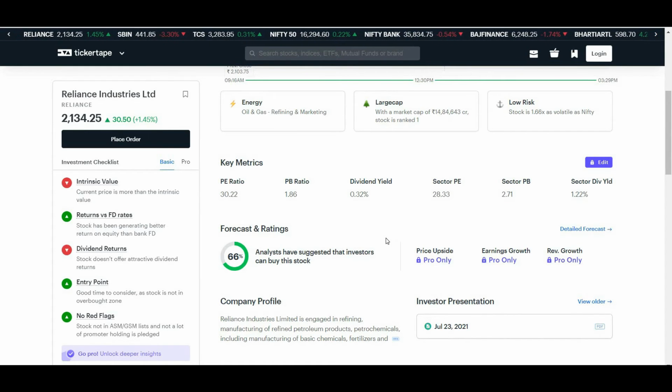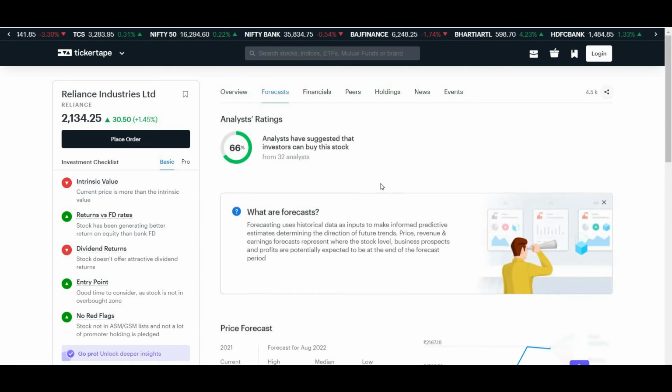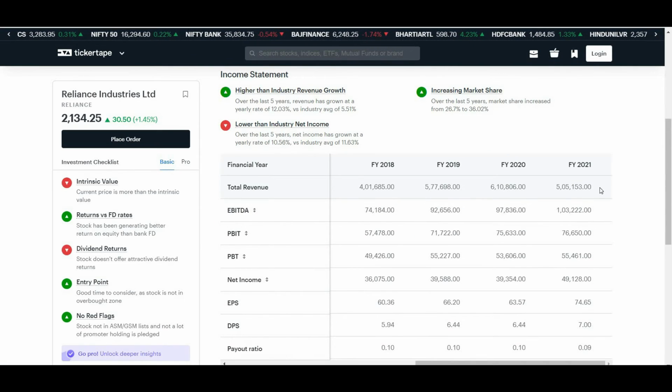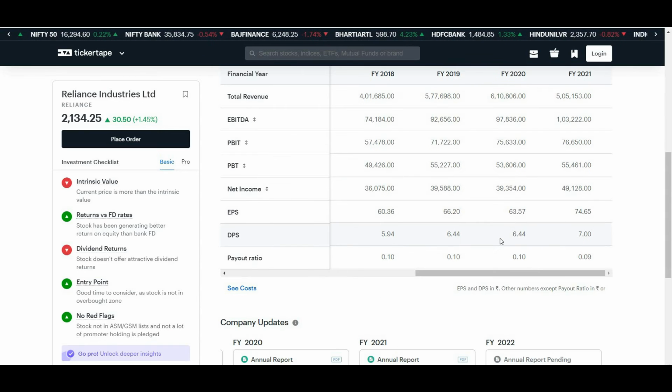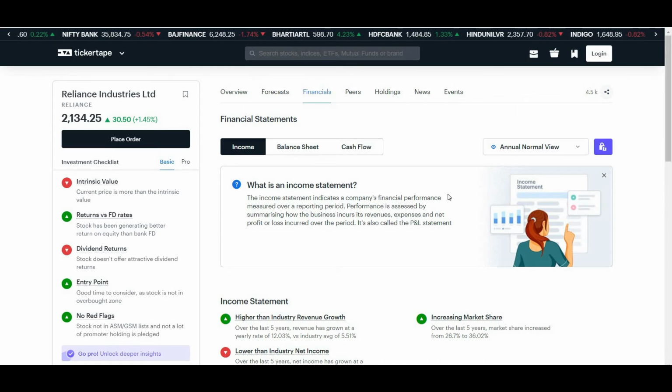So you gotta see all these things. Now there are a lot of things in fundamental analysis. I don't want to get into finance, but yeah, you can see here income, like how much profit the company is doing, what is the profit after tax, right? So basically you want to see how good the numbers are, how good the company is on paper, right?